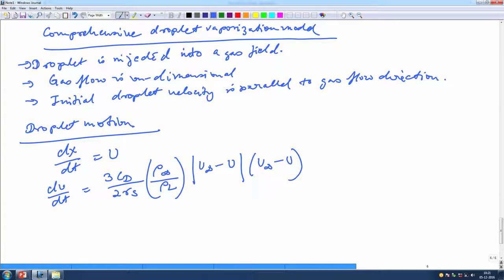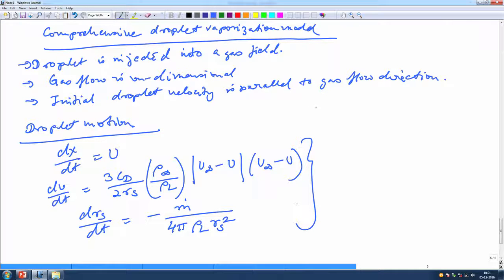If you recall, this is what we did in the drag: the change of velocity is given by the drag force, whereas the change in position of the droplet is given by the velocity. And dRs/dt, the rate of change of droplet radius, is basically the vaporization rate.